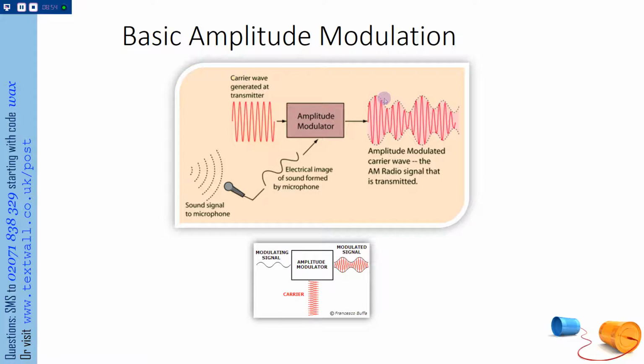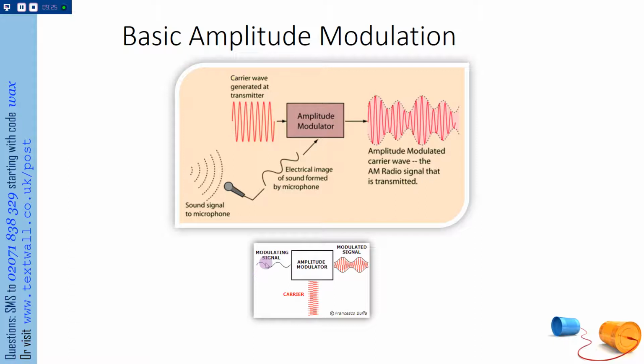The amplitude. If you surf the top of those carrier peaks, that's called the envelope, and that's the signal. That's the low-frequency signal. So the low-frequency signal has been put on top of the carrier somehow. Today we'll be looking at that somehow and see mathematically what's going on.